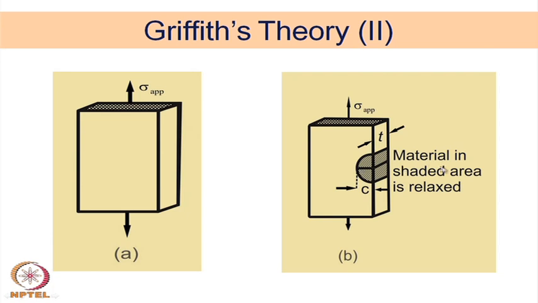The material in the shaded area is relaxed, because of the applied stress the atoms have relaxed, but it is basically a strained region, and you have an increase in strain energy.